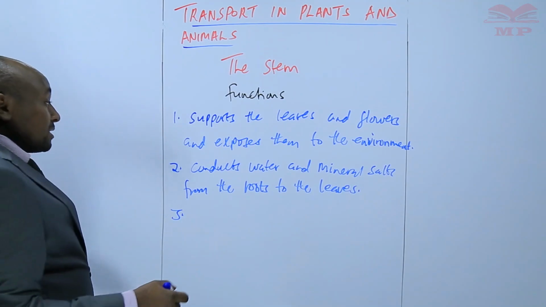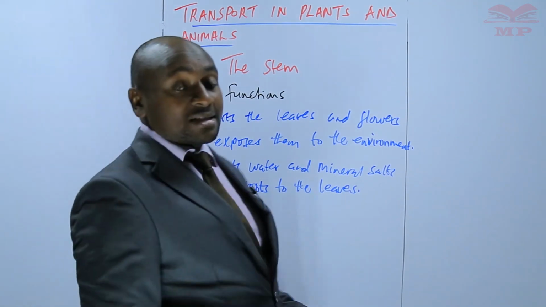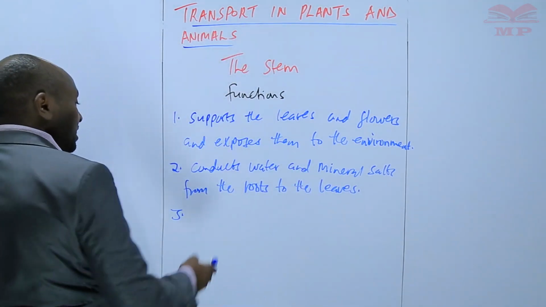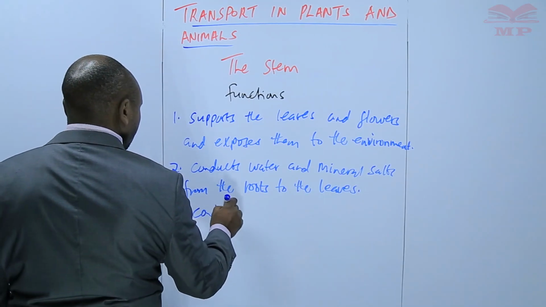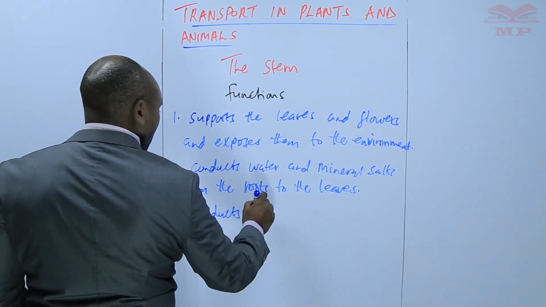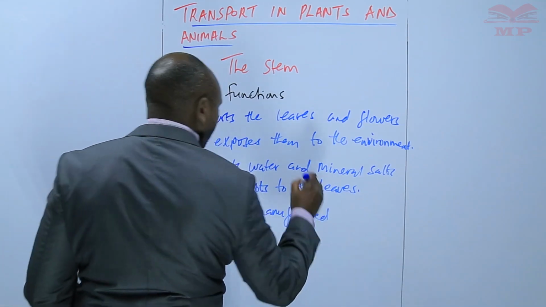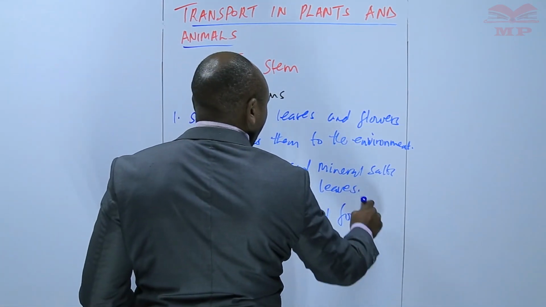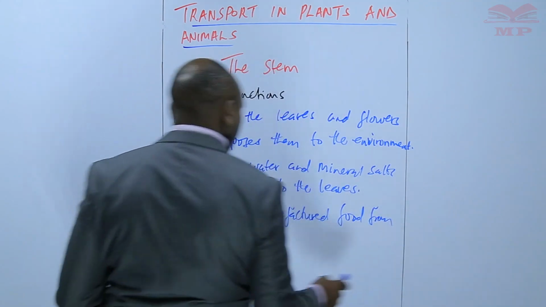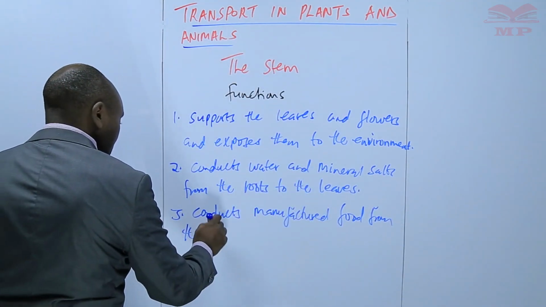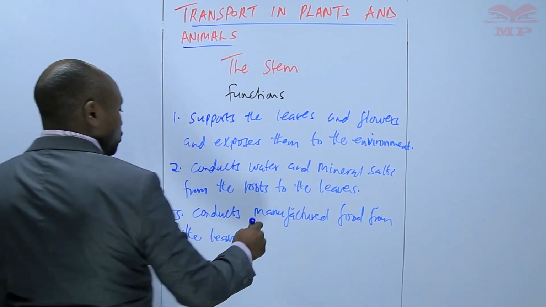In addition to that, the stem also conducts the manufactured food from the leaves to the roots.